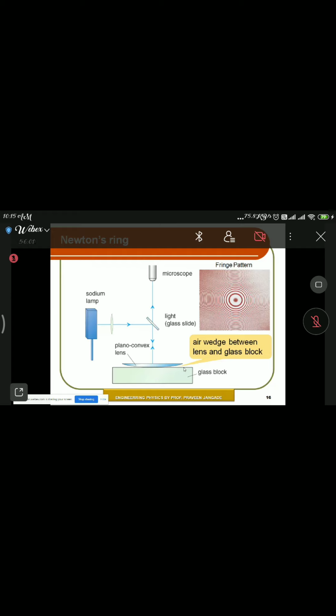This gap is filled by air, because nothing else is there, so that becomes your air wedge between the lens and the glass block.